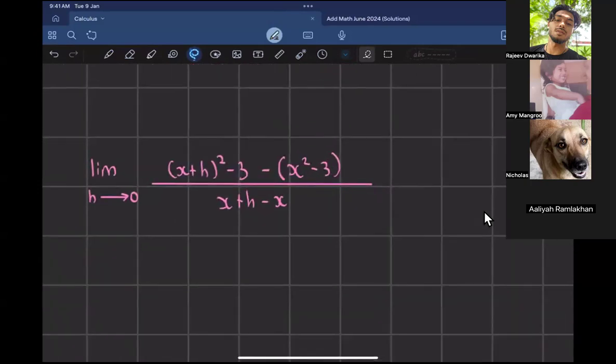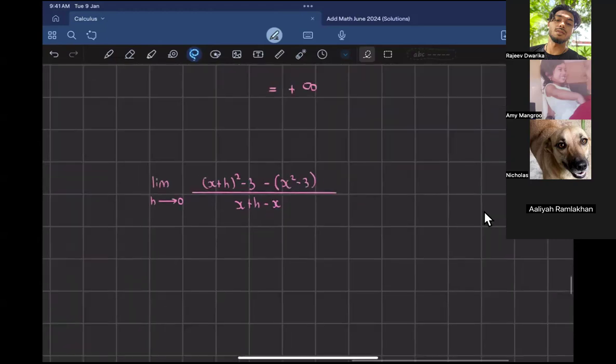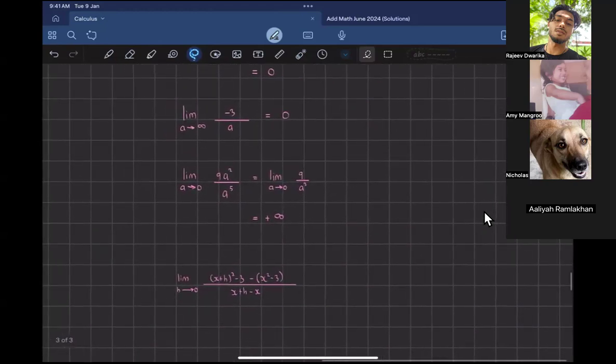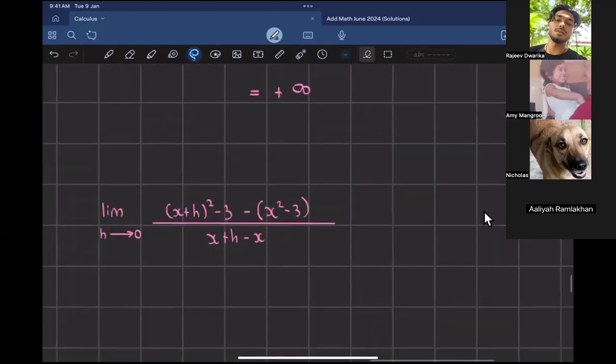Aliyah, just asking you, what is x minus x? Tamalia, what is x minus x? 0. Cool. So you remain with H. So let's see how we can do this question.